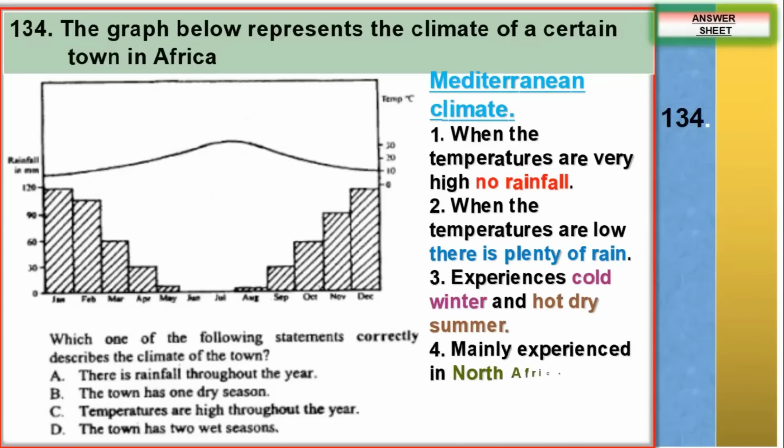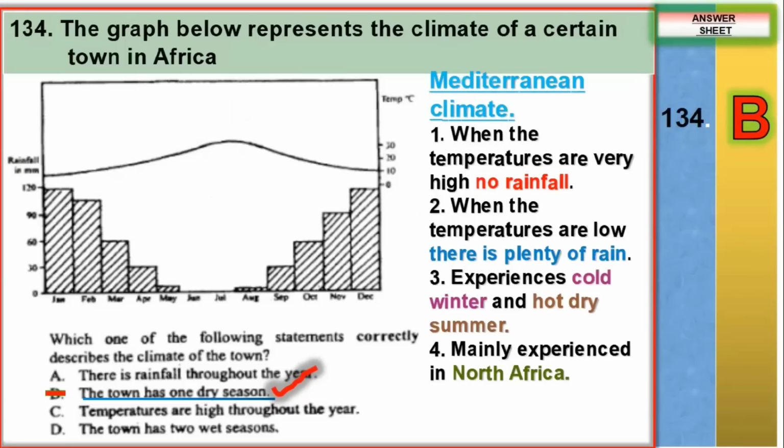And lastly, mainly experienced in North Africa. So the correct answer here should be, we have this dry season. So the answer is the town has one dry season which begins in May and ends in August.